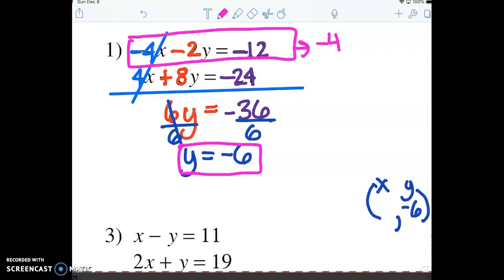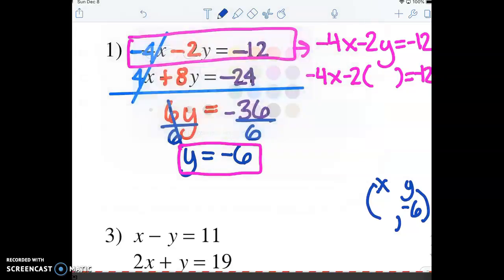So I get -4x minus 2y equals -12. I then replace my y. So I'm going to end up with -4x minus 2, I put parentheses for the y, equals -12. My y is replaced with the -6. This plugs in.